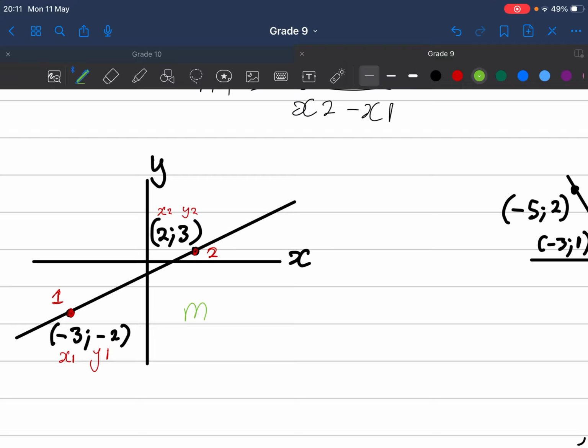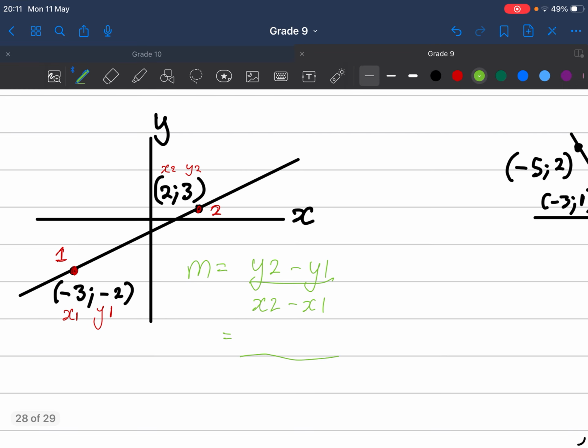The gradient is equal to, so m is the symbol we use for gradient, y2 minus y1 over x2 minus x1 equals to, I'm just gonna draw the same fraction and just put those minus signs in. Now for each one of these variables, I'm just gonna put a bracket.